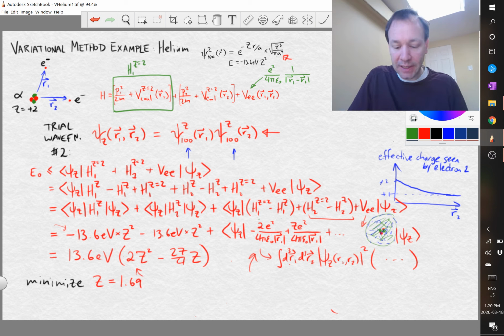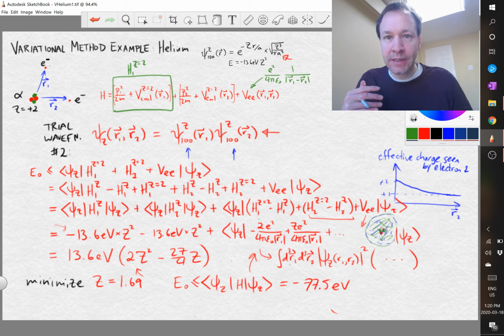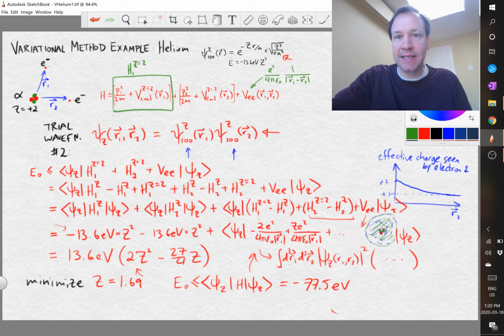And then when we plug it back in, we find that our upper bound is E0 less than or equal to the expectation value of H in psi z, and that turns out to be minus 77.5 electron volts. So that's definitely lower than our last one. Last one, when we just had z equals 2, we had minus 75 electron volts. This is minus 77.5 electron volts.